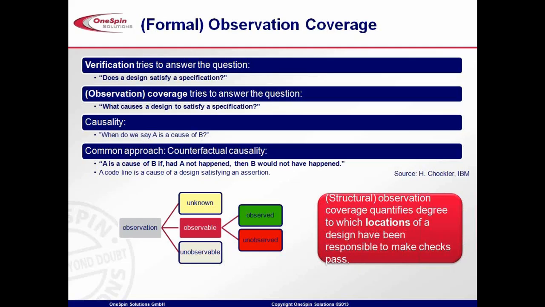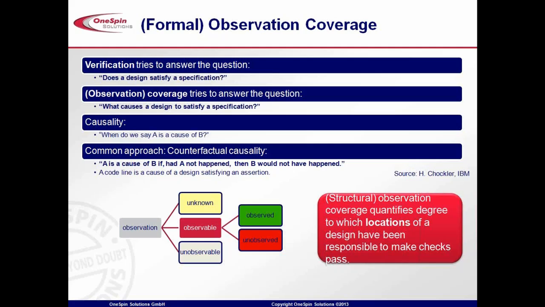Observation coverage literally looks into the quality of the checkers you've developed, so how good they are. For that purpose, if you are still running, most likely you will have some parts which are unknown, then parts which are observable, and of course parts which are not observable.